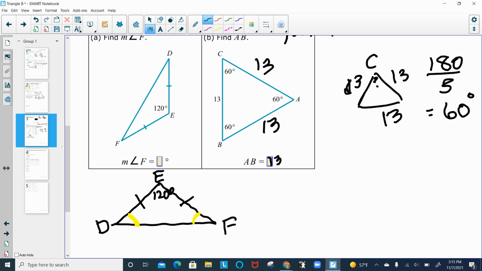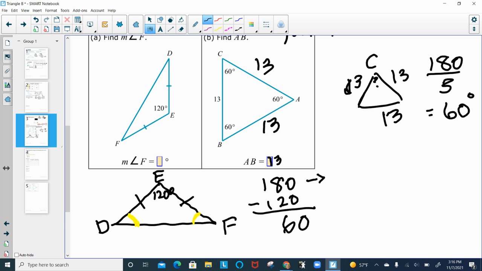Well, that's kind of helpful because we pretend like we're shopping here and we have 180 degrees in the whole triangle and we spent 120 maybe dollars at one store, we would have $60 left over to spend at the angle D store and at the angle F store. Now, you don't have to think of it as shopping, but I think it makes it easier to understand because if you have a fixed amount of money to spend, then it's going to run out at some point.